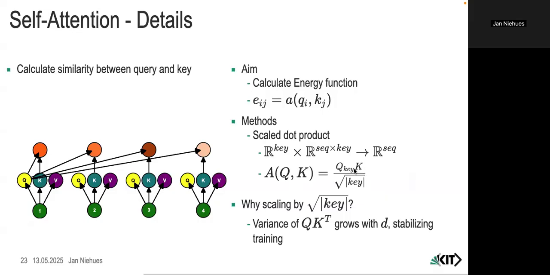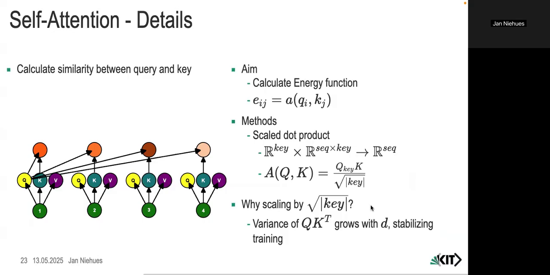If you have all the queries and all the keys, you're multiplying them across the key dimension, and then you get a new dimension of length sequence, which tells you for each element in the sequence how important that is. So you're taking your query, multiplying it with all your keys in the matrix, and then getting a sequence of all the similarities.